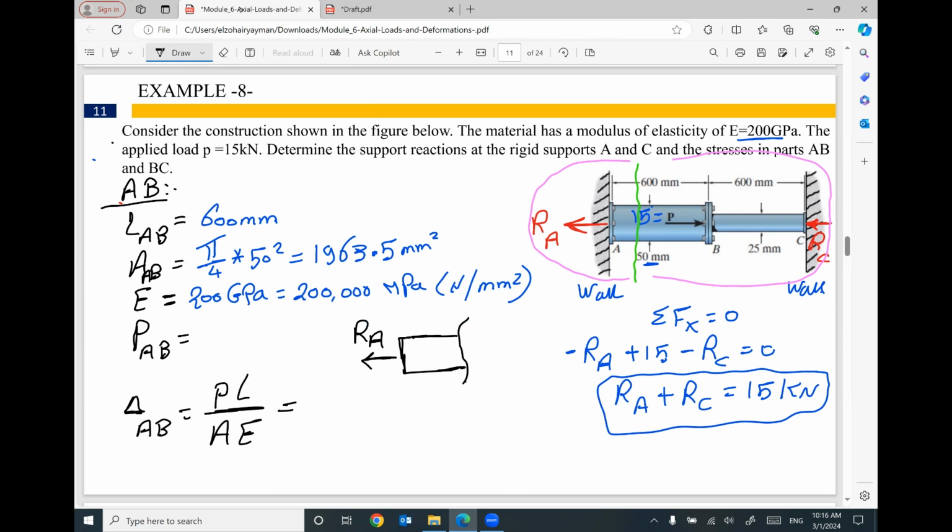At this cut, if you apply summation Fx equals 0, I should have a reaction here, RA, opposite to this reaction, to make sure the summation Fx equals 0. And this force RA will cause pulling tension. Does that make sense? It will cause tension. So the applied force will be RA, tension.